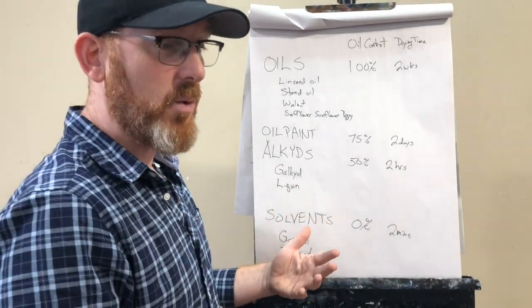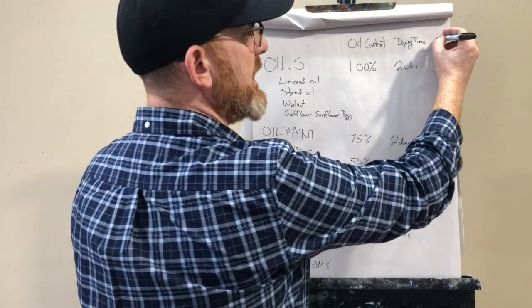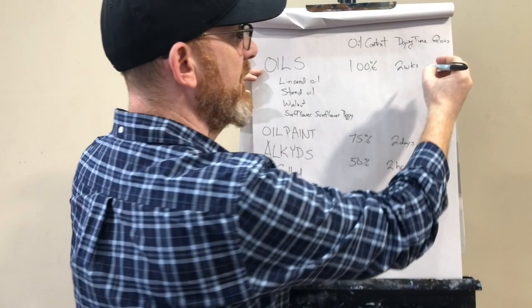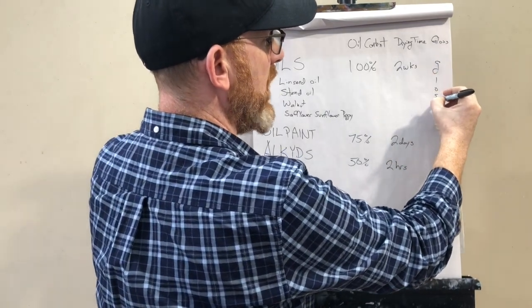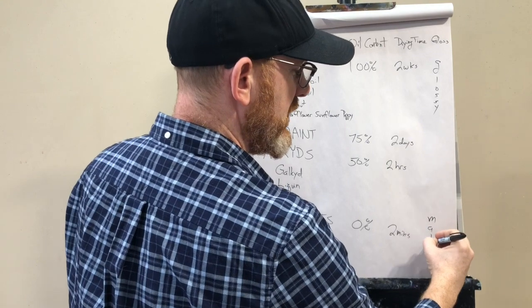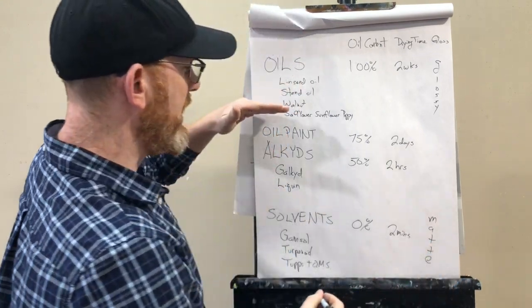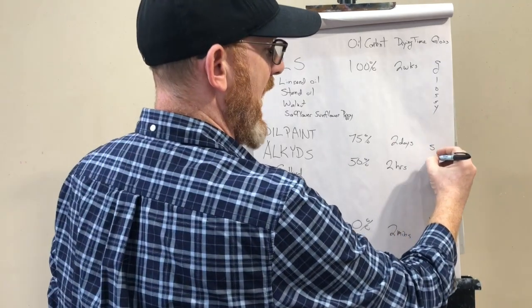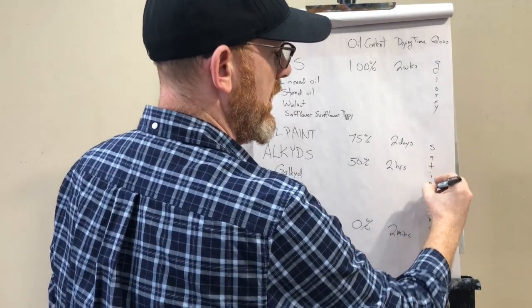And the final quality that we want to look at is the glossiness. The oils have the highest level of gloss, so those are going to be the most glossy. And the solvents are going to have a matte finish, with the oil paints and the alkyds somewhere in between with a satin finish.